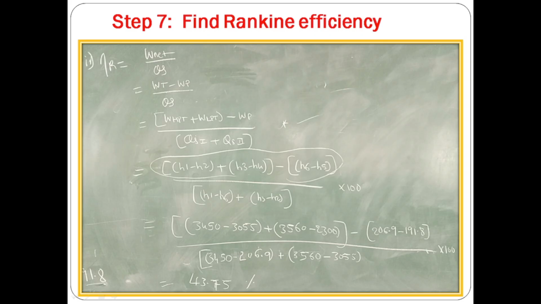We have elaborated the work in terms of enthalpies. WHPT is equal to H1 minus H2, plus WLPT is equal to H3 minus H4, minus WP, H6 minus H5. And heat addition in both the first stage and second stage is H1 minus H6 in the boiler plus H3 minus H2 in the reheater.